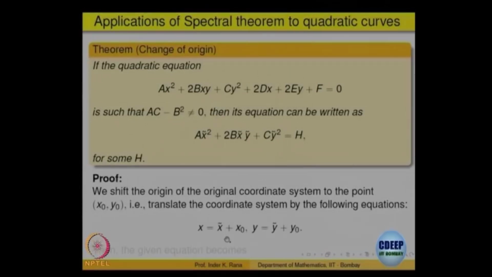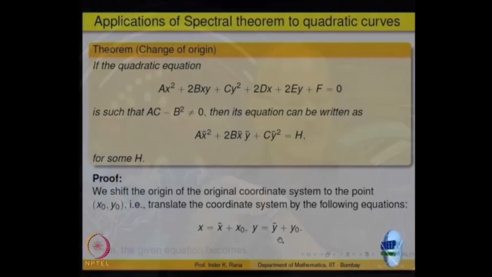You write x is equal to x tilde plus some x 0 and y is equal to y tilde plus y 0. That means you are defining new variables x tilde and y tilde, where x tilde is x minus x 0 and y tilde is y minus y 0. You are shifting every point by x 0, y 0.